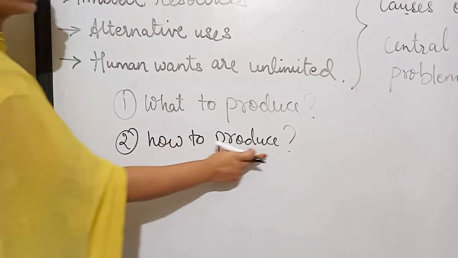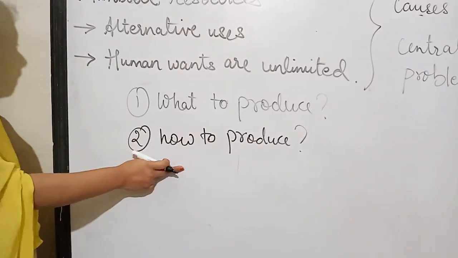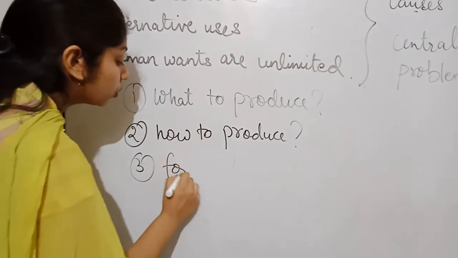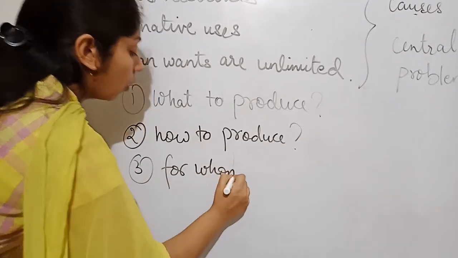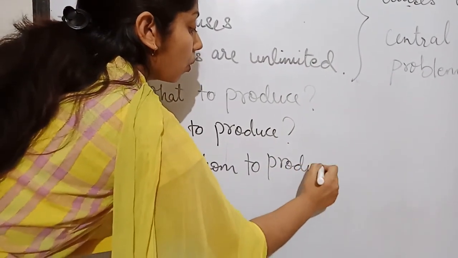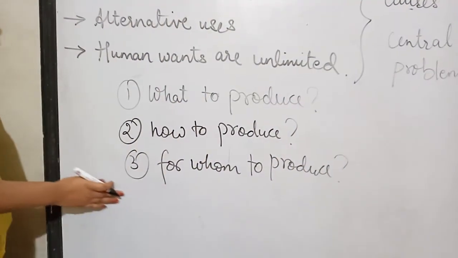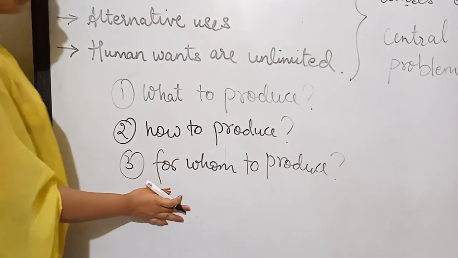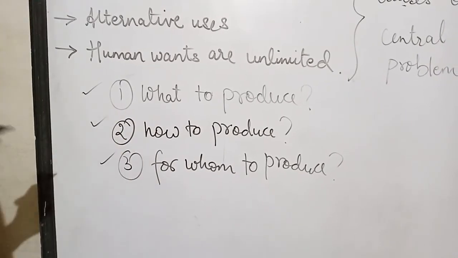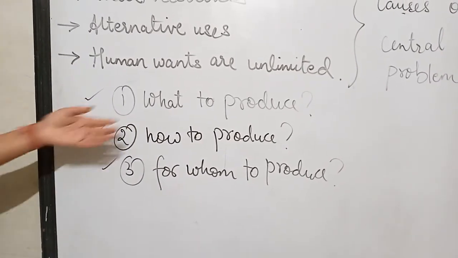Second, how to produce, that means we are going to discuss the techniques of how to produce that particular product. Third, for whom to produce. Over here we have to discuss for whom to produce. That means which part of the society or what all types of people would want that product. So these are the three types of central problems that we will discuss in detail.